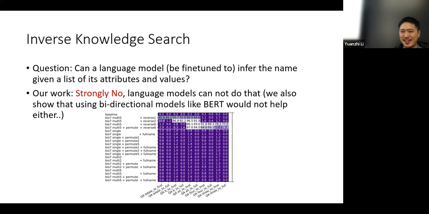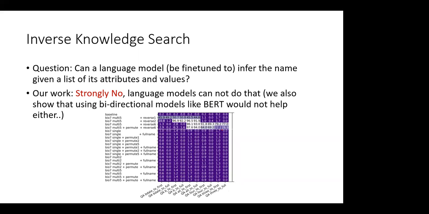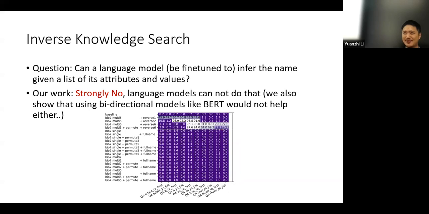The observations are still the same, unless the person's name appears after certain attributes. Then it definitely helps, because then it's not an inverse knowledge search, it's a forward knowledge search. But if it doesn't appear after certain attributes, and there are just 10 random words at the beginning of the sentence, it won't really help the model.